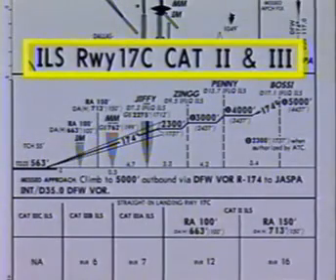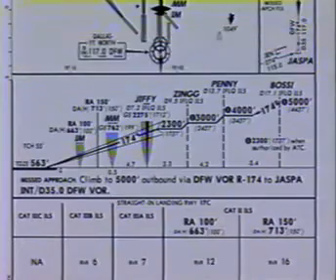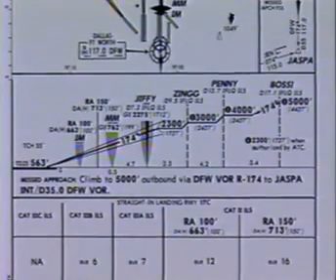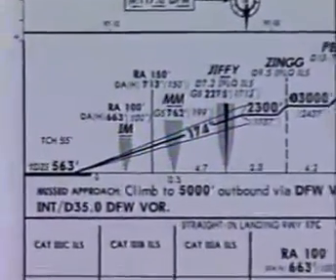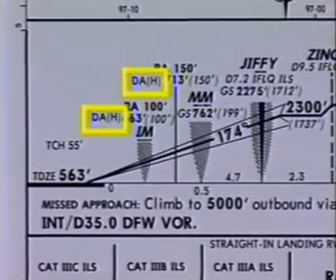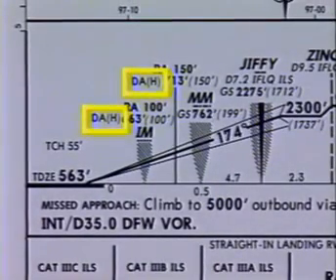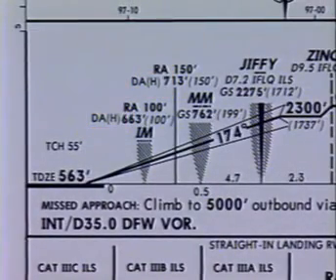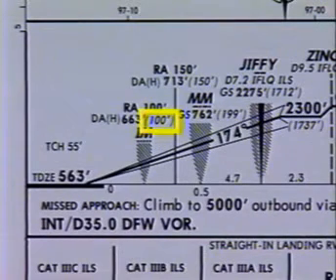A Category 2 ILS uses the same basic format as a standard ILS, but does have some specialized information. For example, notice that there are 2 decision altitudes on this approach. This is because the lowest available Cat 2 minimum is normally a decision height of 100 feet above the touchdown zone elevation.